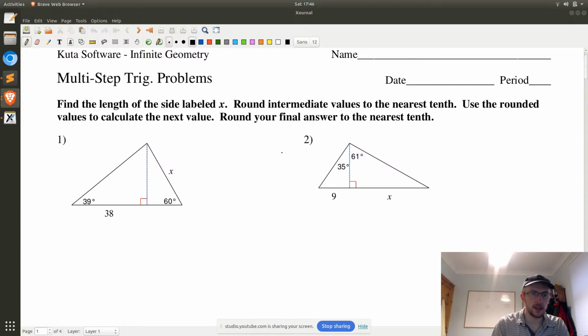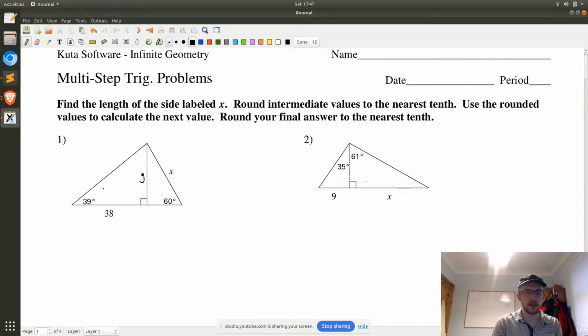Okay, so in this case, we had to find the length x there, and we could use cosine rule and sine rule, but instead we're going to use right angle trigonometry. There's our intermediate value there, y, and that's opposite the angle 39, and 38 is adjacent to it, so we use the tangent function.